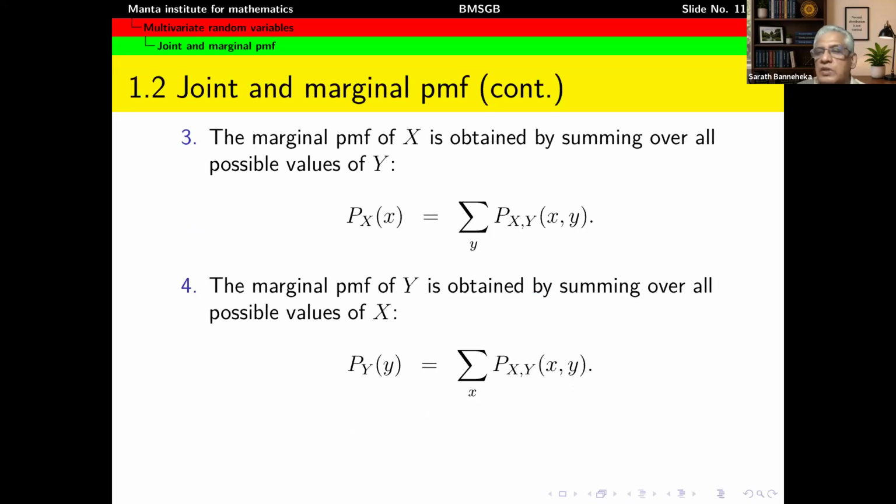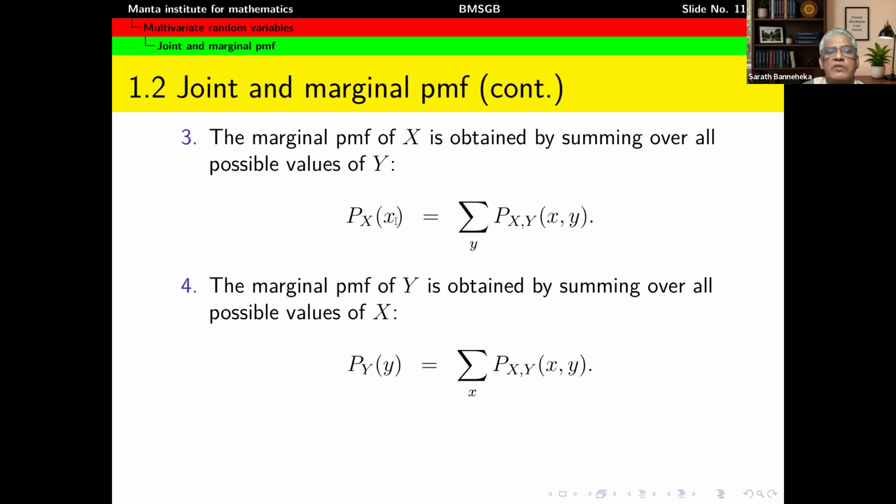And then the marginal probability mass function of X and marginal probability mass function of Y can be obtained like this. If you add the joint probability mass function over all possible values of y, then you get the marginal probability mass function of x. Right.